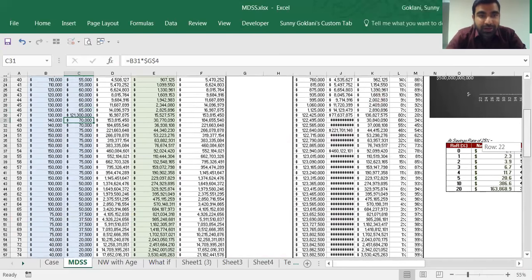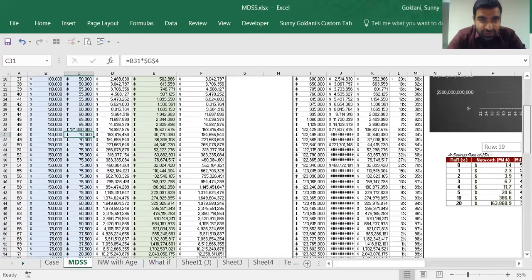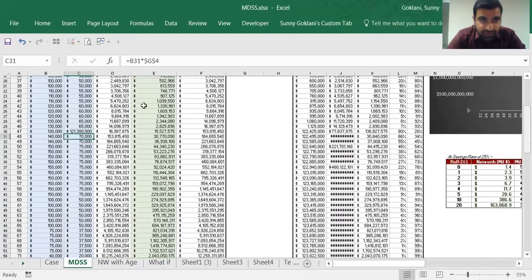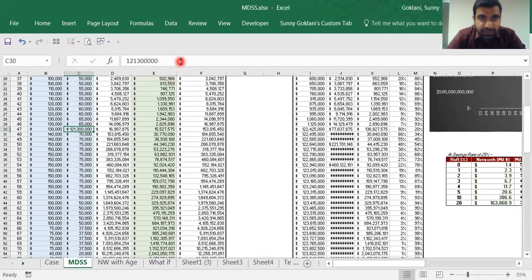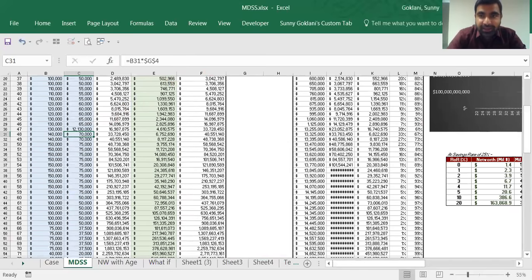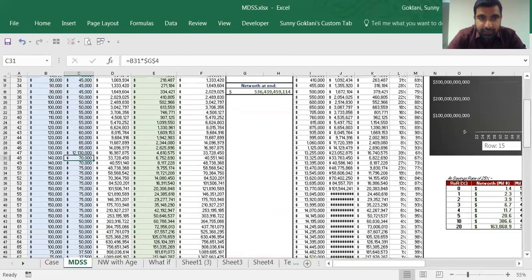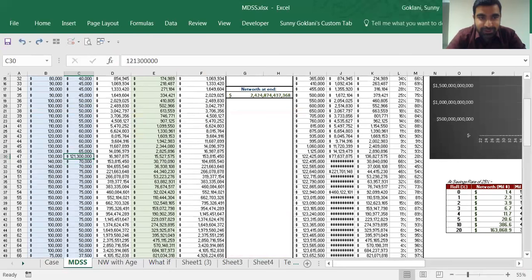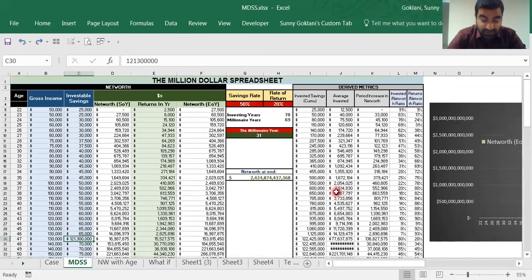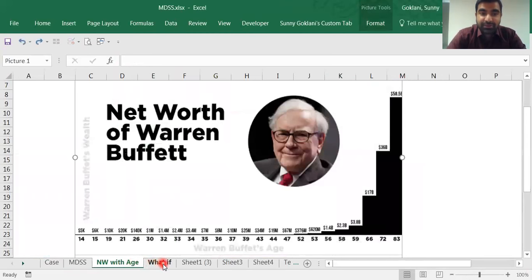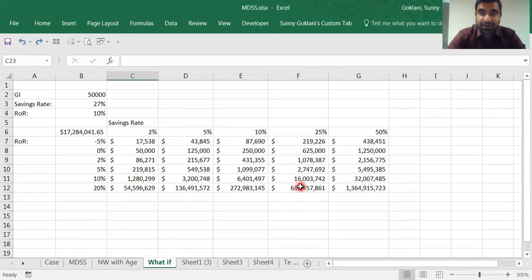But what I did was I made sure how much money you'd have to generate to become a billionaire by the time you die. And the amount came out, I'll correct this and update you in the comments, sorry for that, to be $121 million is what you will have to cash out of your company if you want to be a billionaire by the age you die. So I've generated this sheet, which has many different scenarios and more information.